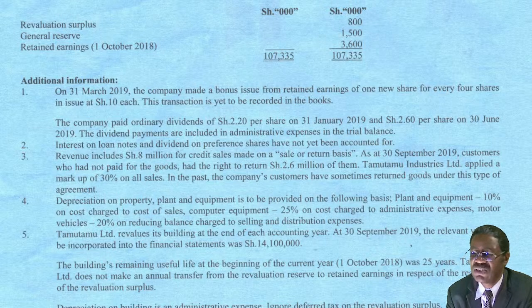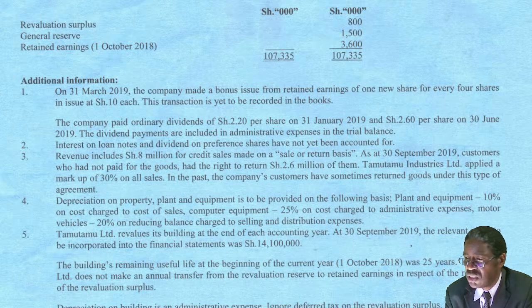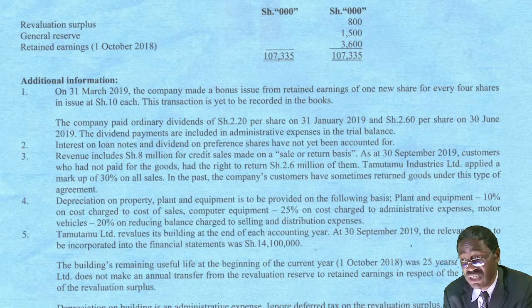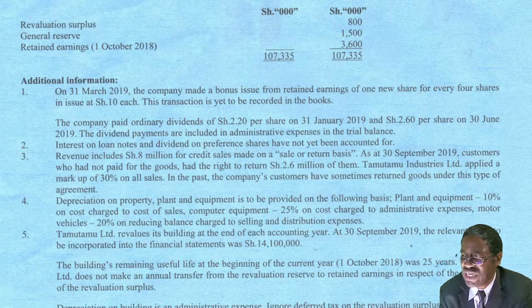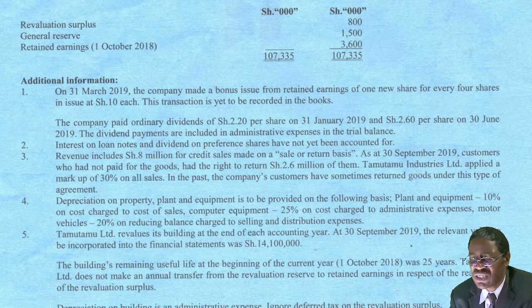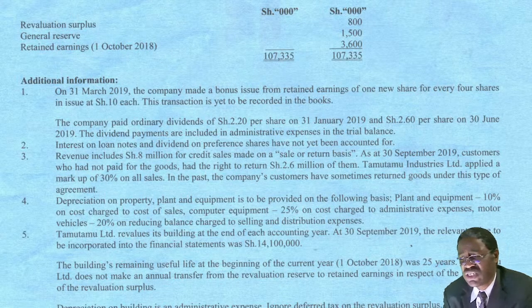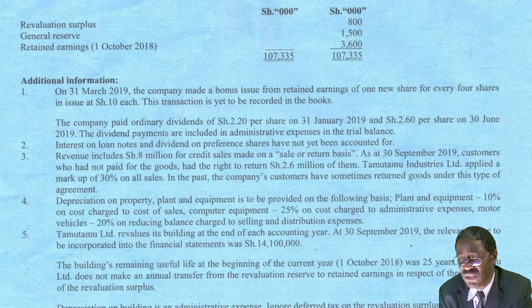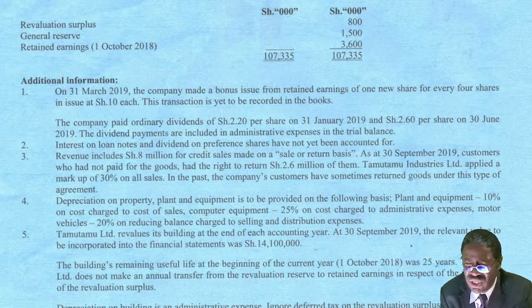That's not a big deal. You just have to remember that interest on the loan and the preference dividends have not been accounted for in the income statement. How to account for them, we shall be doing as we are doing the income statement. But that is just information. How much we shall calculate later, we shall also ask ourselves how to treat them. Good. That's all we can say for now as far as note number 2 is concerned.